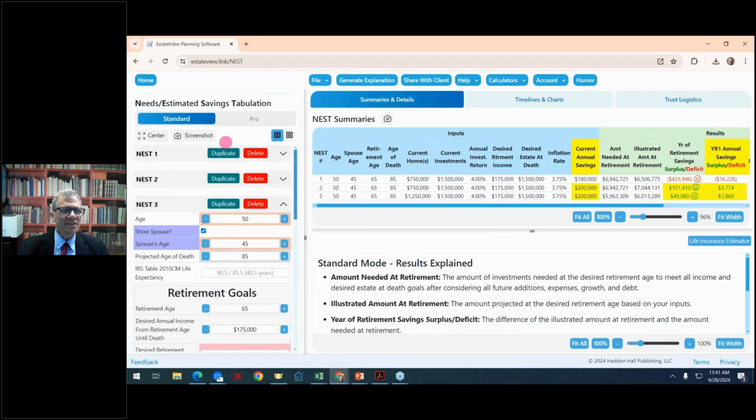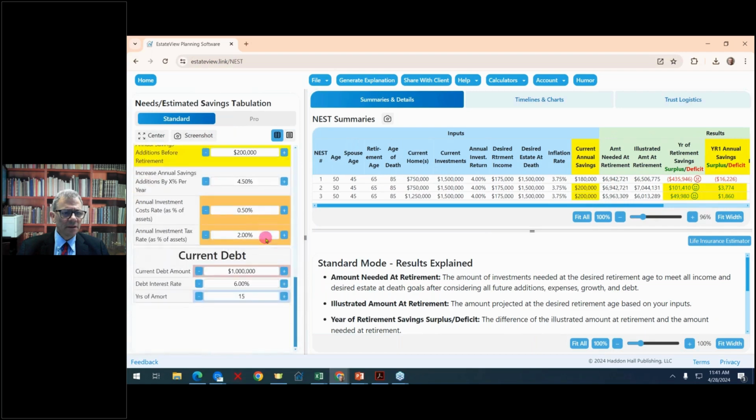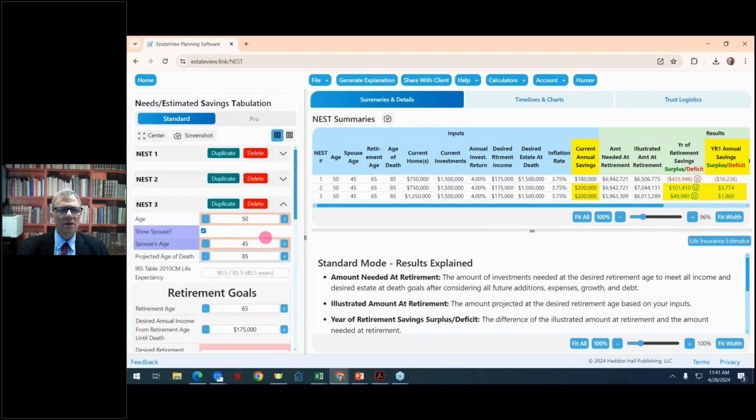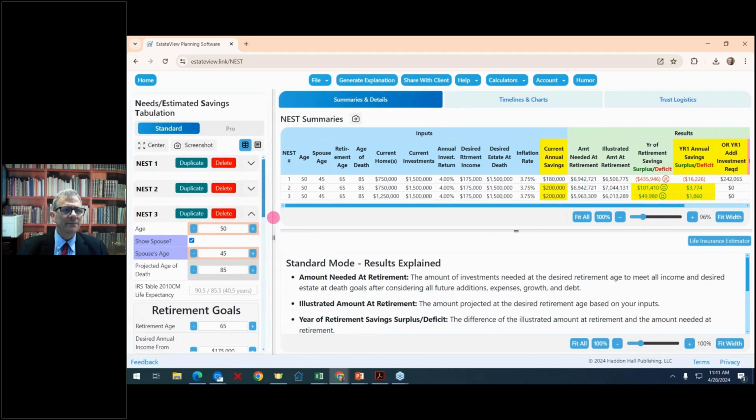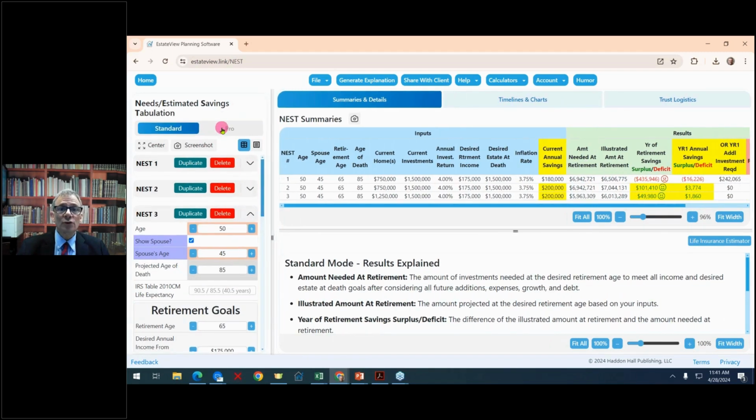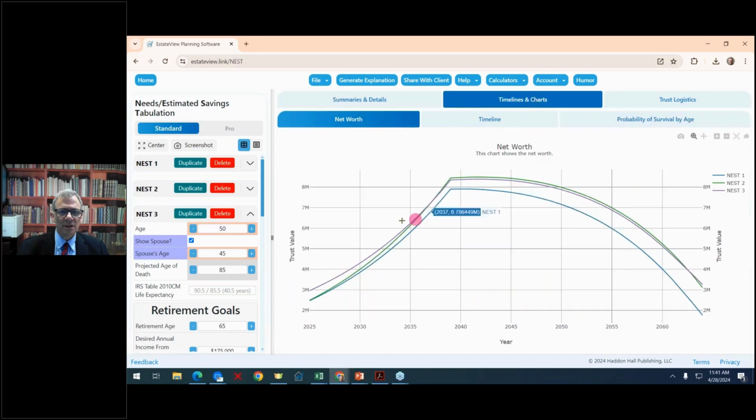So that's the standard calculator for the NEST. And NEST stands for Needs Estimated Savings Tabulation. When I go to the Pro mode, oh, and by the way, when I click on timelines and charts, I can see each of those 3 different plans and how it looks and how their net worth is going to look at each given year.